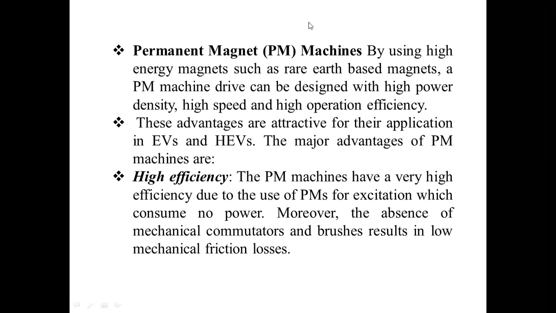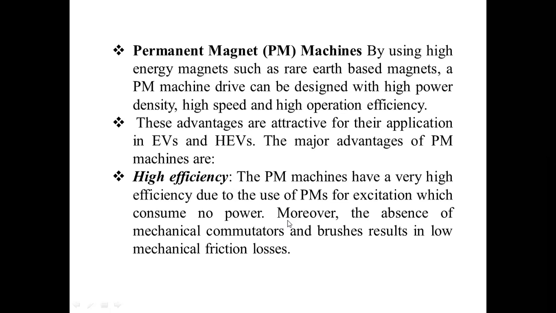Here, if you consider high efficiency, the permanent magnet machines have very high efficiency due to the use of permanent magnets for excitation, which consume no power. Example, if you use an AC machine with AC supply, without any permanent magnet, what should happen?